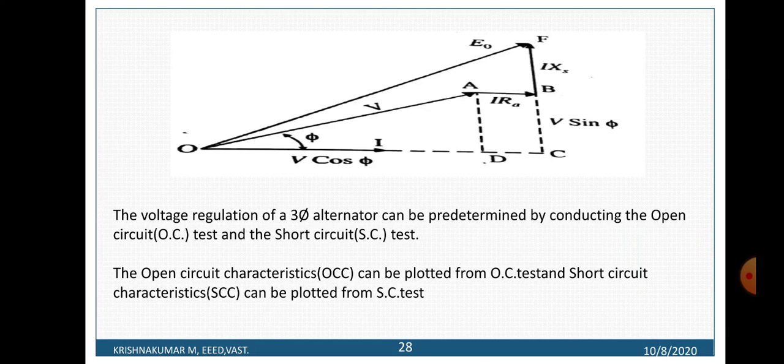I lags V by an angle phi. V has two components, V cos phi and V sin phi. V cos phi means OD, V sin phi means AD.